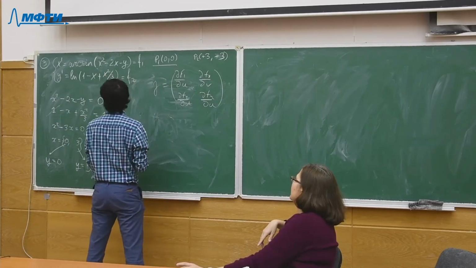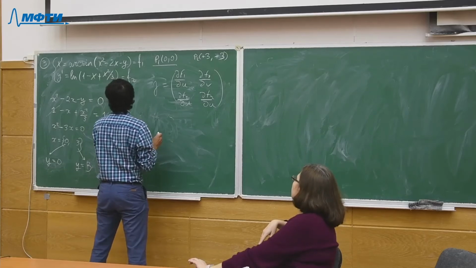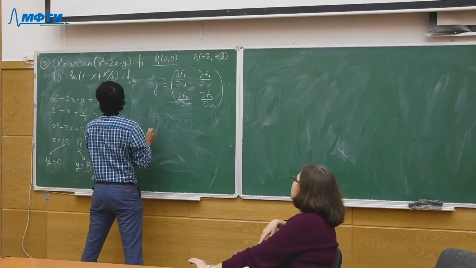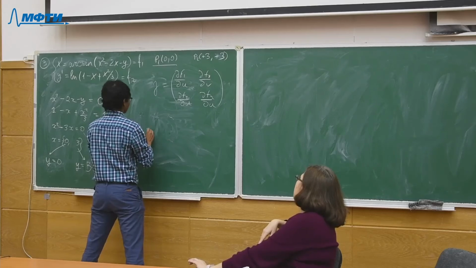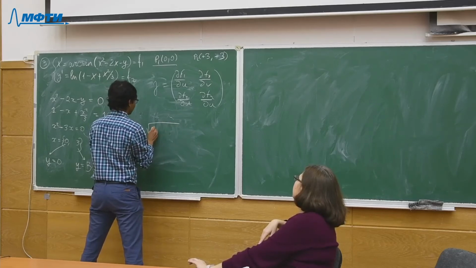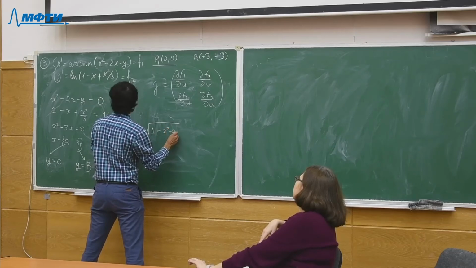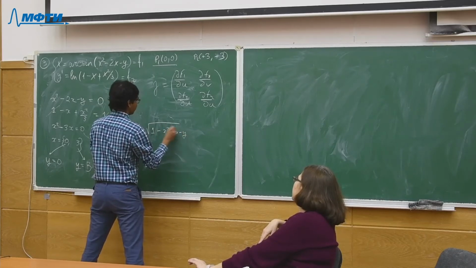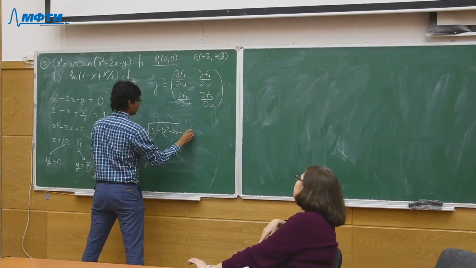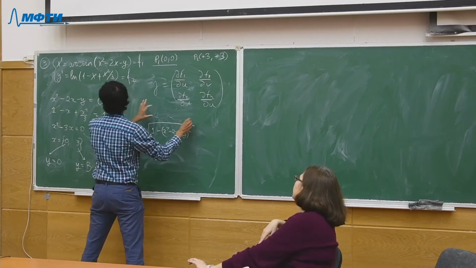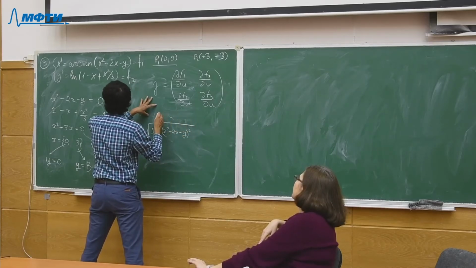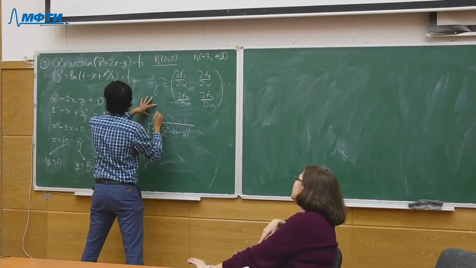Okay, so the partial derivative with respect to x will be squared, yes. And then 2x minus 2. Yes, 2x minus 2.